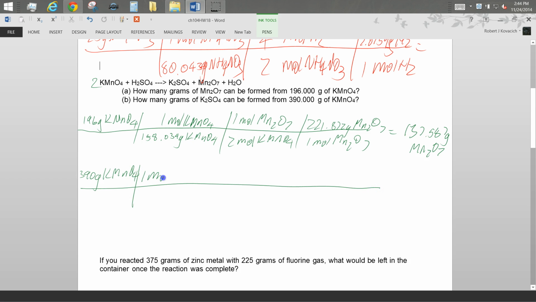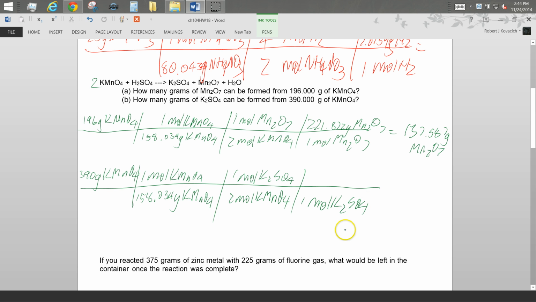And then for every 1 mole of KMnO4, I got 158.034 grams KMnO4. And for every 2 moles of the KMnO4, I've got 1 mole of potassium sulfate. And for every 1 mole of potassium sulfate, I've got 174.26 grams of potassium sulfate.